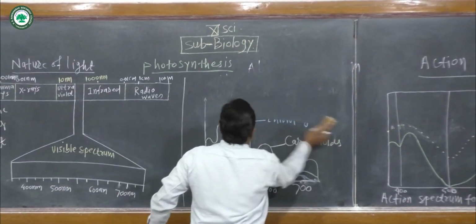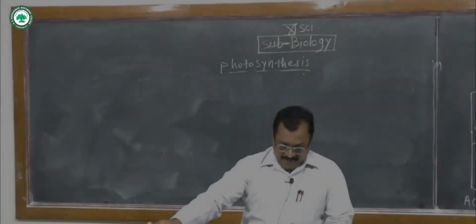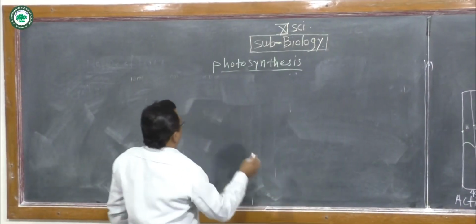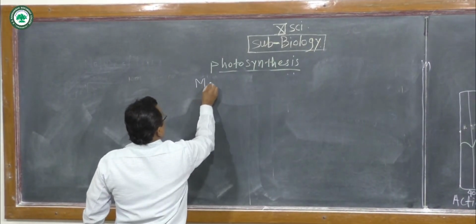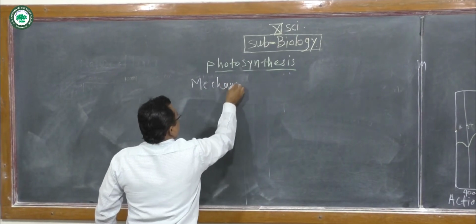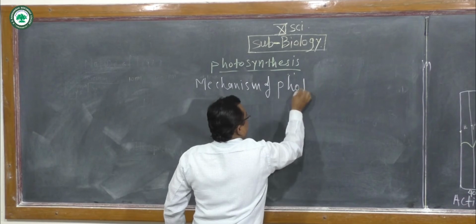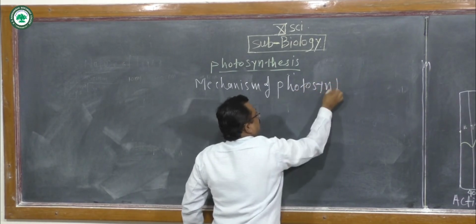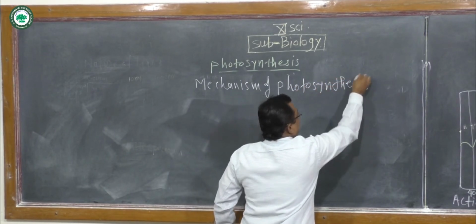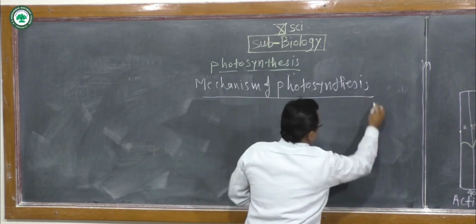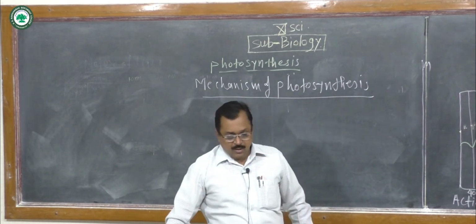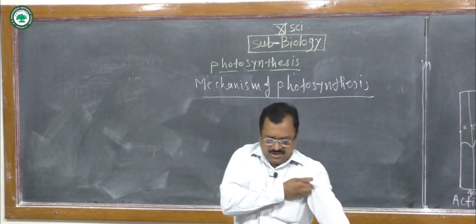Then the next point, mechanism of photosynthesis. Mechanism of photosynthesis means how photosynthesis occurs.